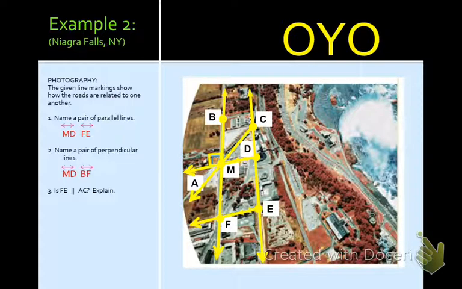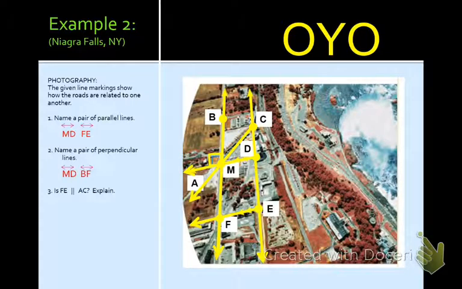This is an application of the parallel postulate. We have FE. Here's point M. We already said that line AM is parallel to FE, right? The parallel postulate says through a point not on a line, that point being point M, there's only one line parallel to FE.